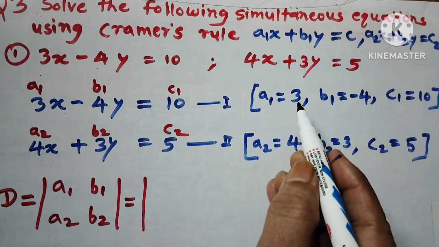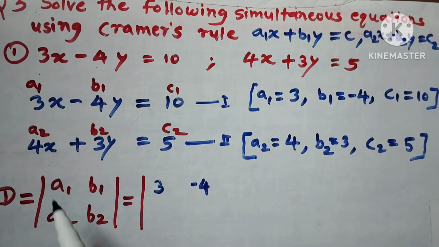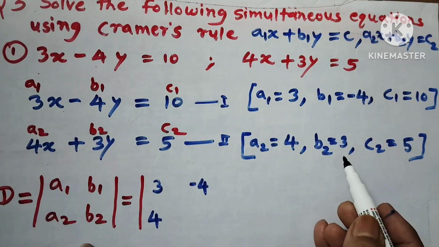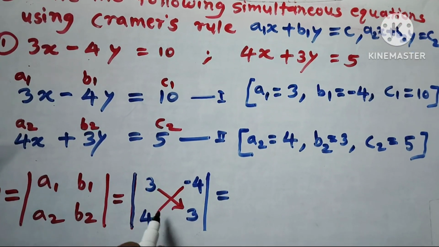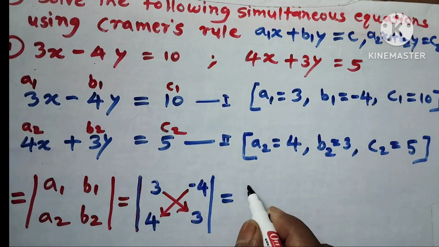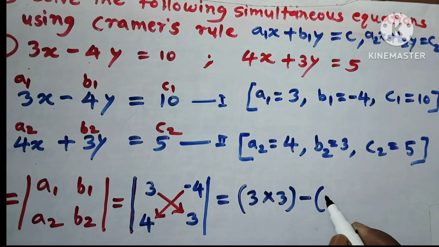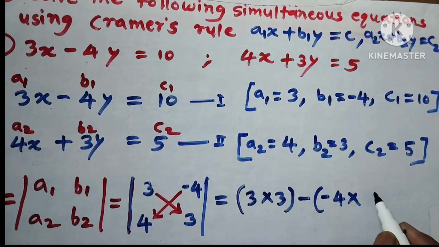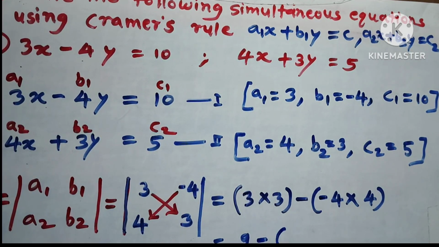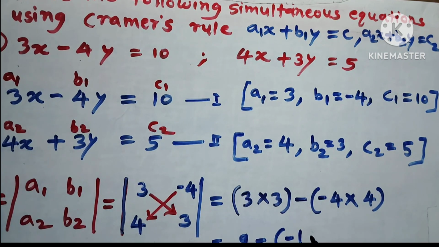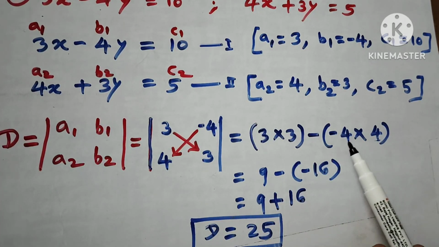Putting the values, a1 is 3, b1 is minus 4, a2 is 4, b2 is 3, is equal to, in bracket 3 into 3, minus in bracket minus 4 into 4, is equal to 3 multiplied by 3, 9, minus in bracket 4 into 4, minus 16.